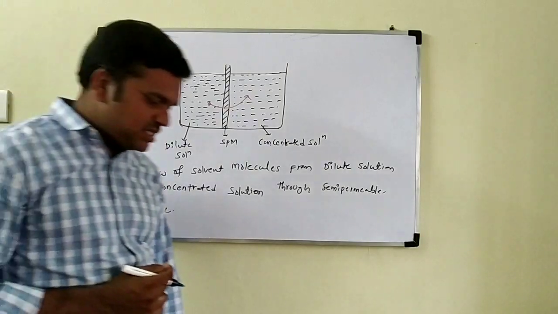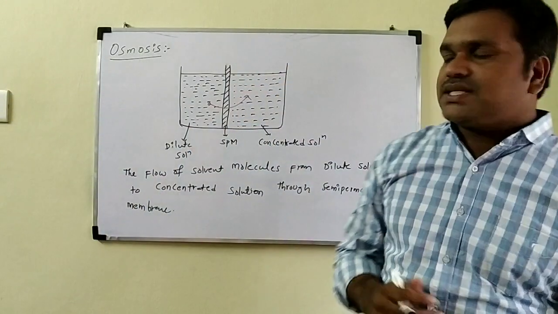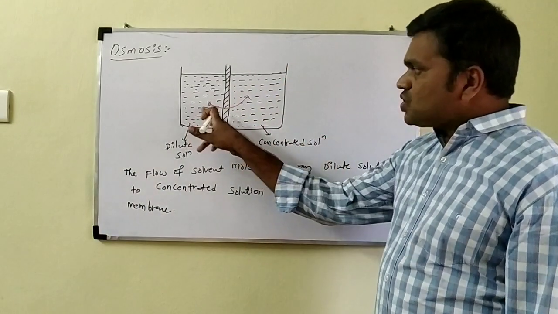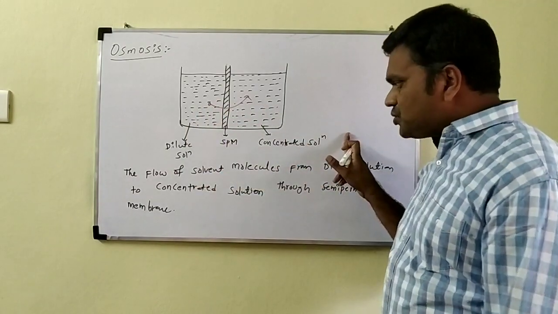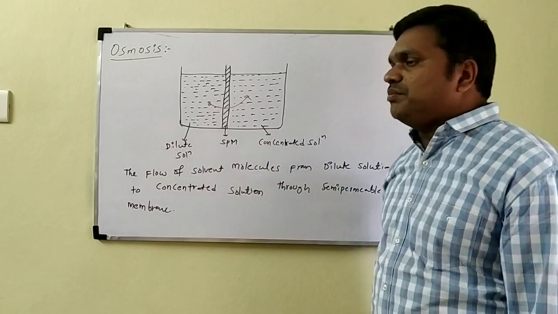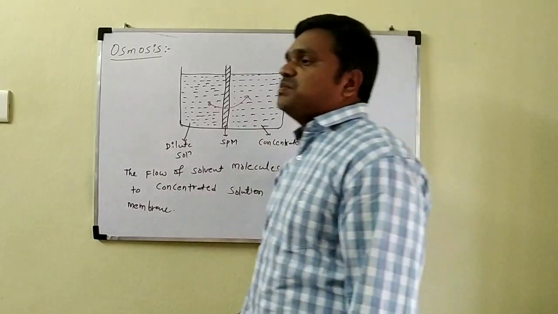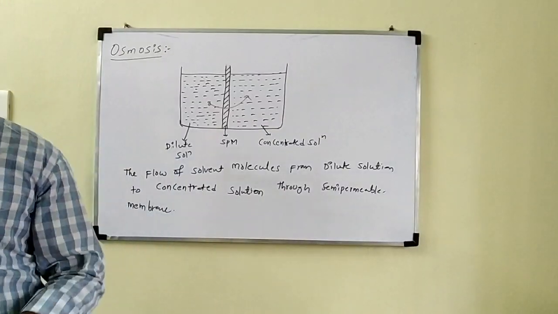Osmosis. So this is the definition of osmosis. What you are observing here: flow of solvent molecules takes place from dilute solution to concentrated solution through a semi-permeable membrane, is called osmosis.